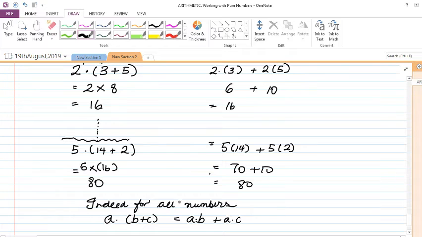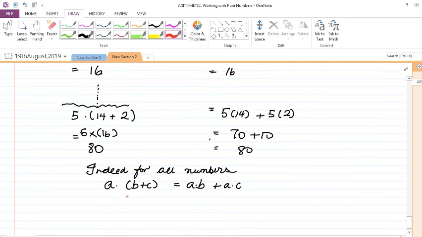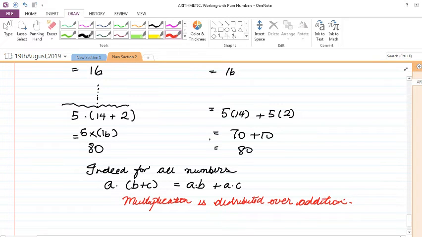Or we could say multiplication is distributed over the addition in brackets. So multiplication is distributed, and evenly so, over the addition. Right?